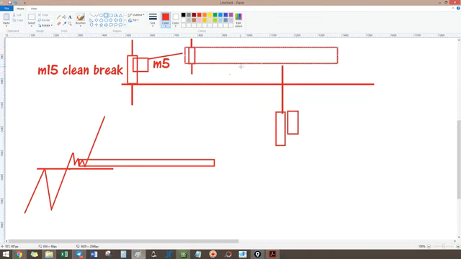And then it rejects like this, and then it closes out here, and then it opens a new one. You can enter instantly here. So you trade based on the clean break that you refer to. If you're referring to M15, you will wait until the M15 candle closes. If you trade based on M5, you will wait for the M5 candle to close.